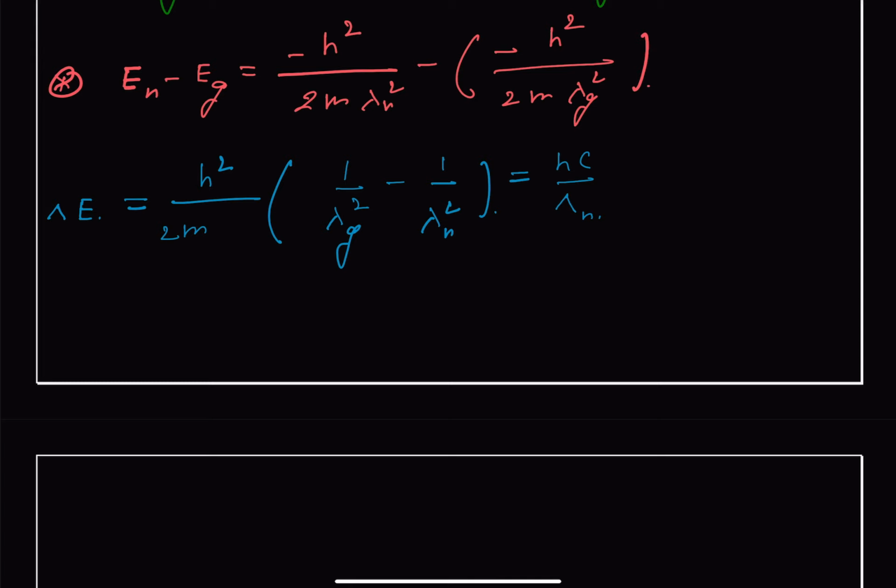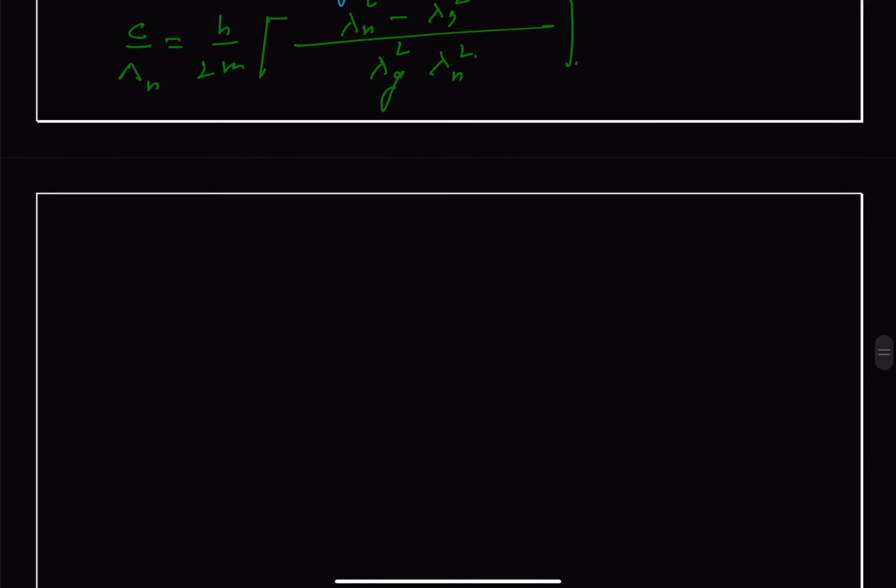We can take our LCM, and c square goes with this h, and we get c upon delta n is equal to h upon 2m times lambda g square lambda n square, and we are left with lambda n square minus lambda g square.